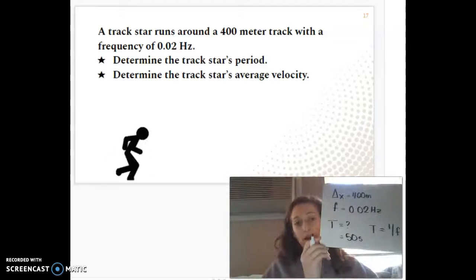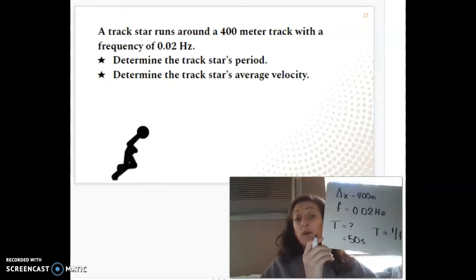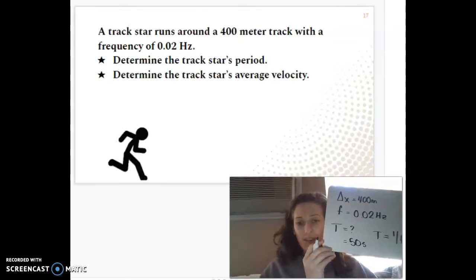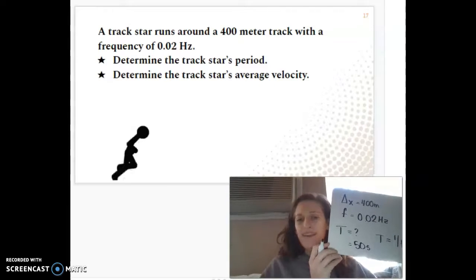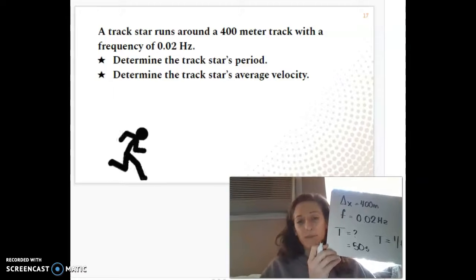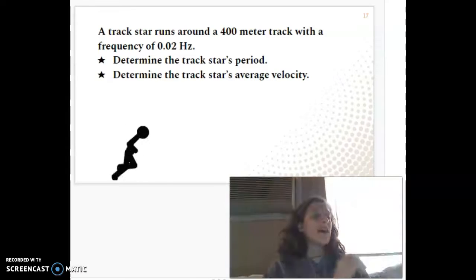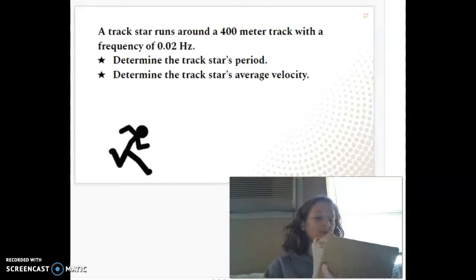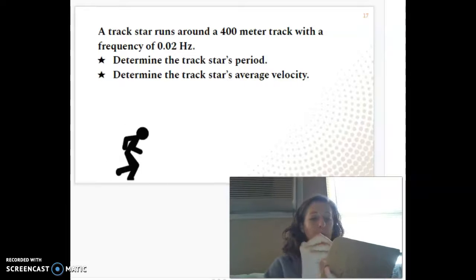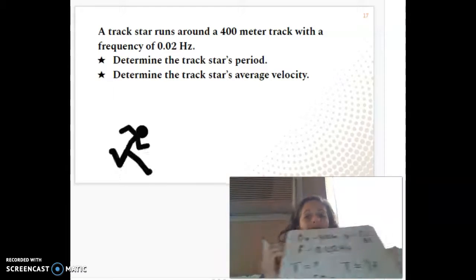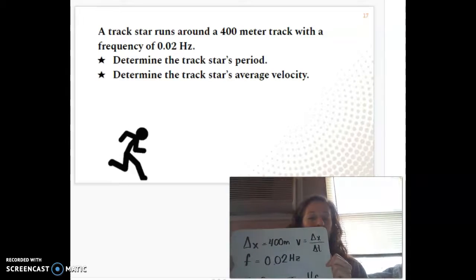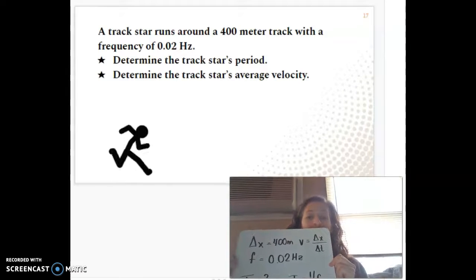Okay, so we have that there. Now, if I want to find the average velocity, what was our relationship? This is kind of a throwback. Velocity, average velocity, is the distance or the displacement traveled in the total amount of time.